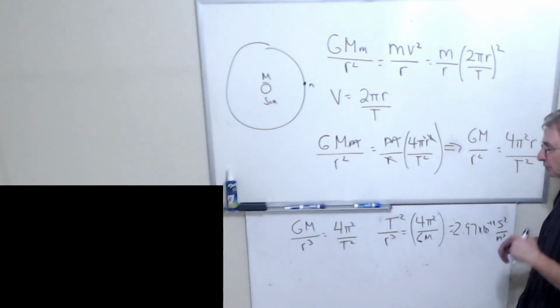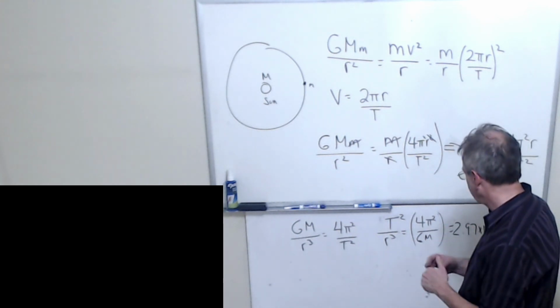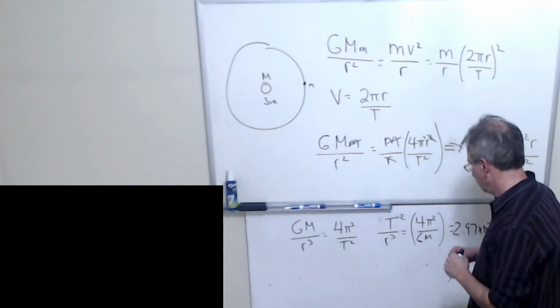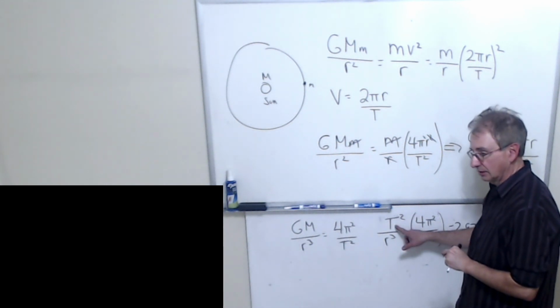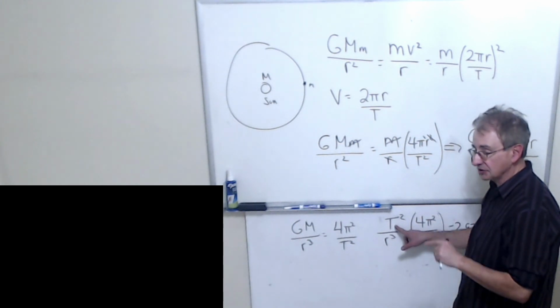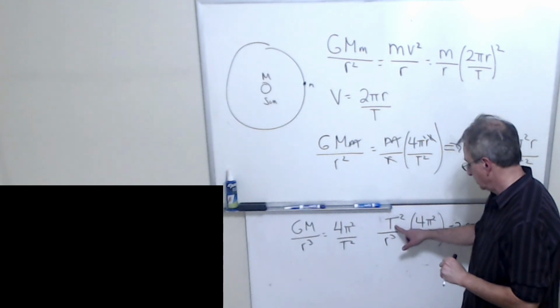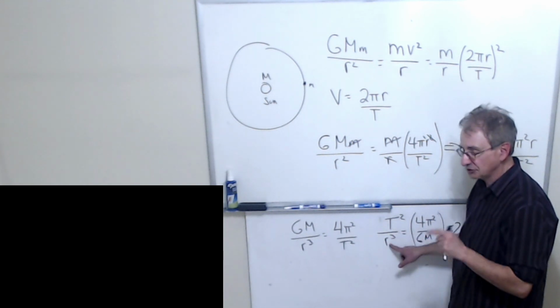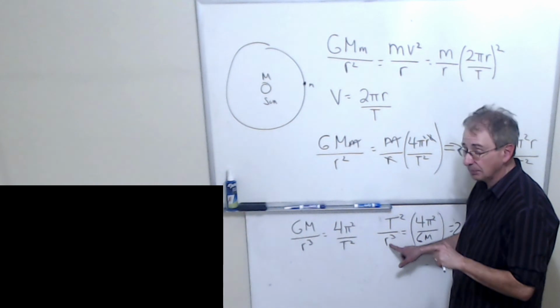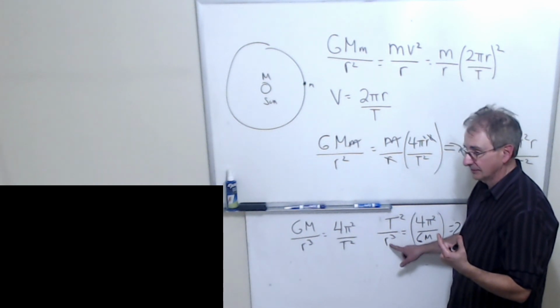Now, here's the cool thing. If you write the period of the planet orbiting the sun in years, and the distance in astronomical units. Now, by the way, I know the orbits are elliptical.